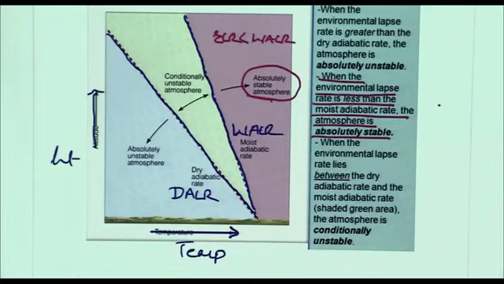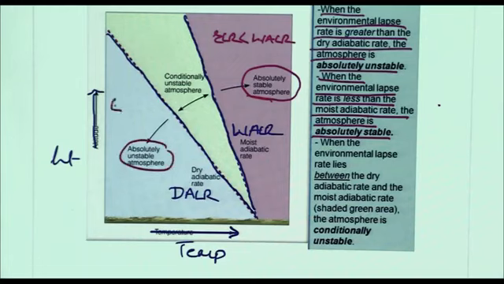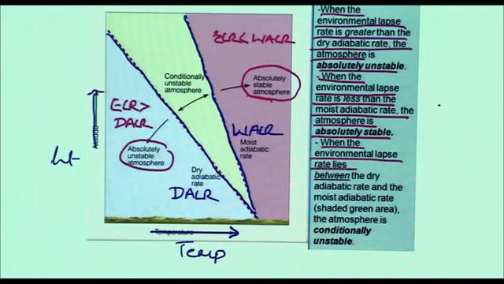So the pink color in our diagram. When the environmental lapse rate is greater than dry adiabatic lapse rate, the atmosphere is absolutely unstable. Environmental lapse rate is greater than dry adiabatic lapse rate, the blue patch. And then the third condition comes in. When the environmental lapse rate lies between dry and wet adiabatic lapse rate, conditional instability.